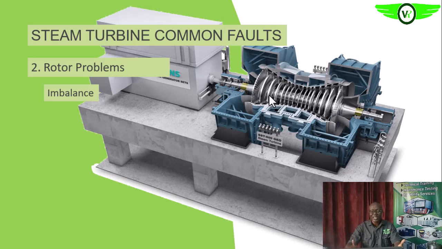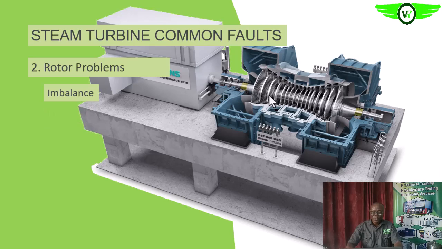Unbalance is when the center of mass of the rotor, as we discussed in our section on equipment condition monitoring, does not coincide with the center of gravity of that rotor. That imbalance will appear as a throwing force on the rotor. Are you getting it? That will invariably cause serious one-times RPM vibration.